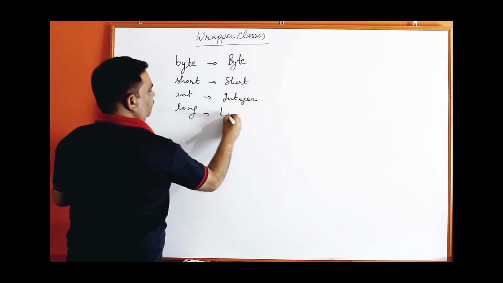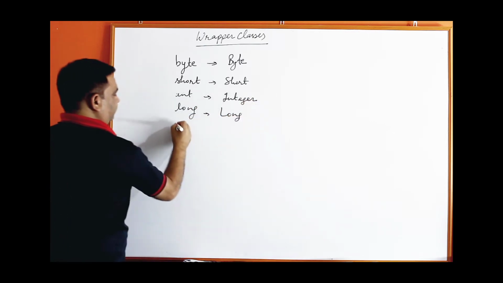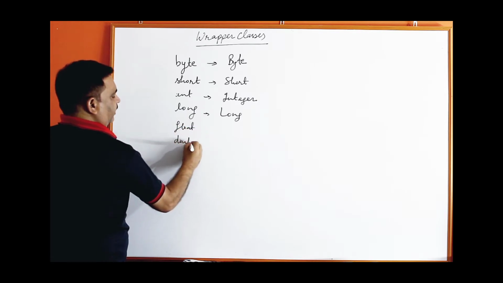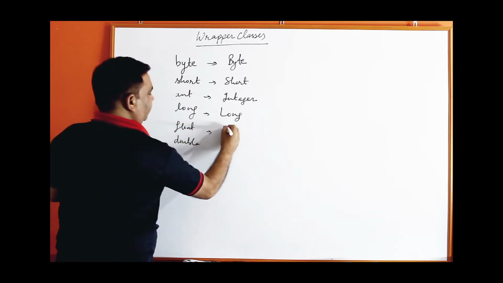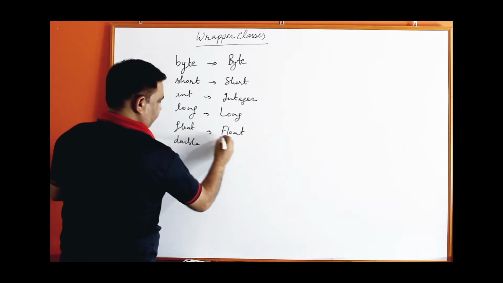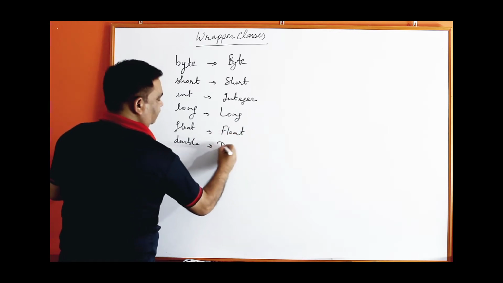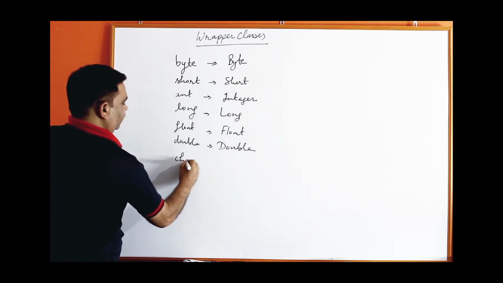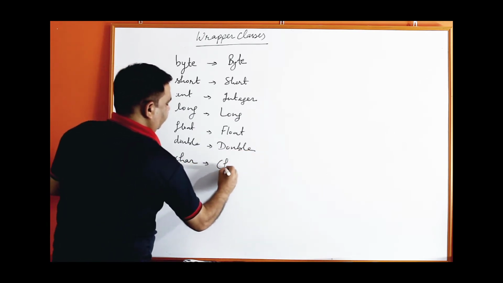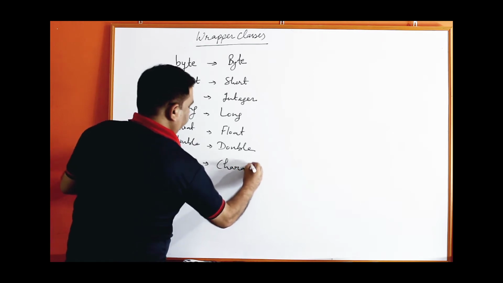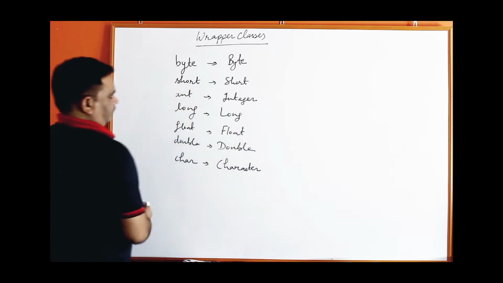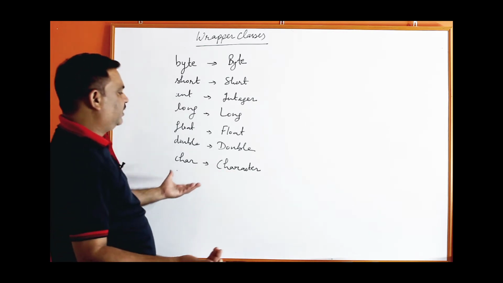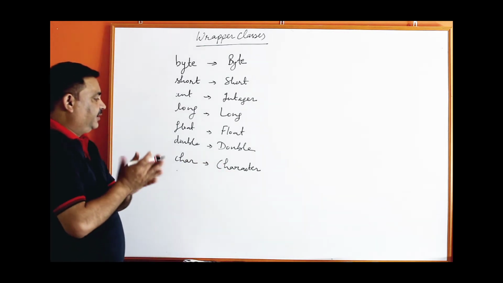For long, same name but L is capital. Same way with float and double, you can use capital Float, capital F, and Double, and for char, Character. Even boolean also has a wrapper class, Boolean, though we are not using any function of Boolean right now.